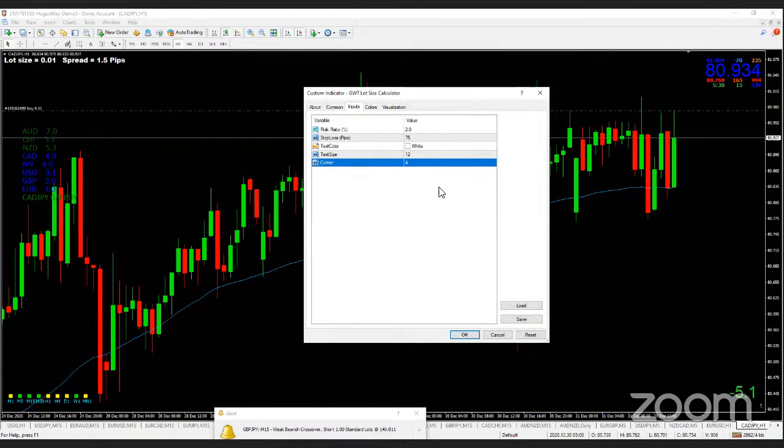Having done that, let's see what lot size it suggests. Currently it says 0.01, because that was the lot size we used for the last trade. If I click OK, it should show me a new lot size.